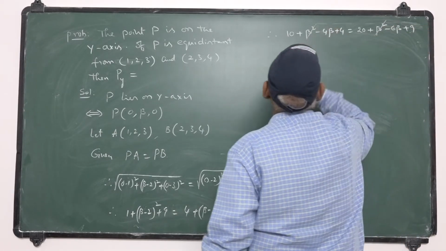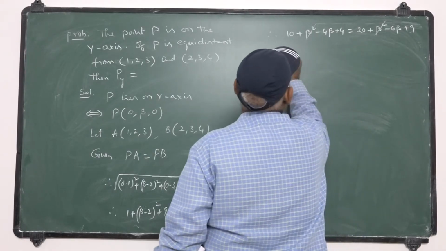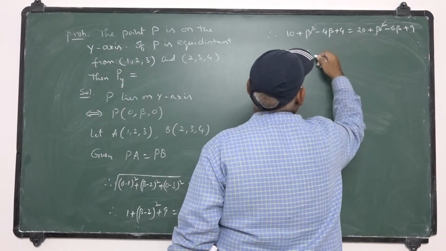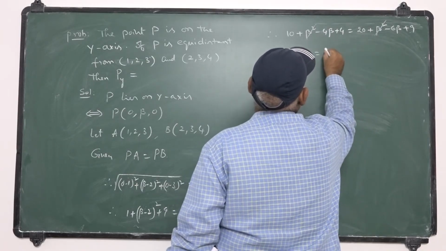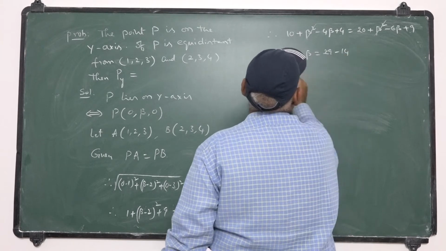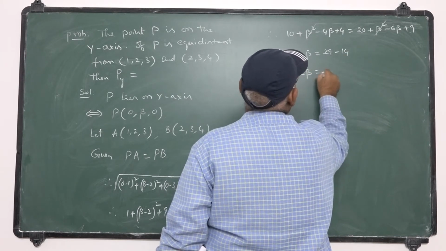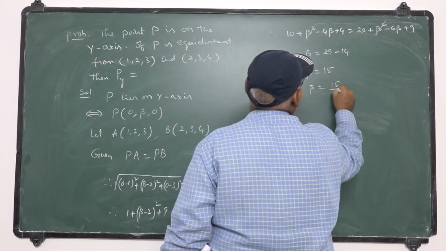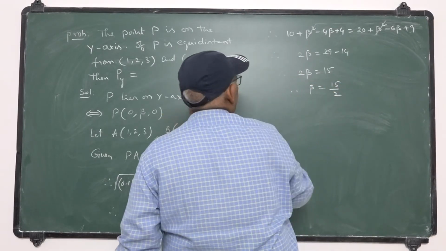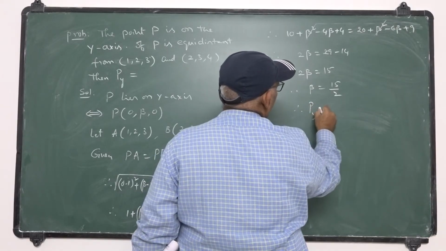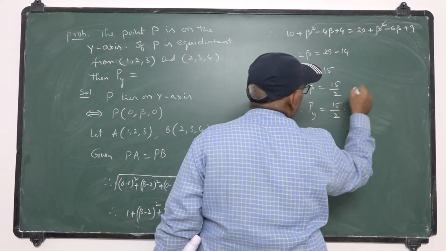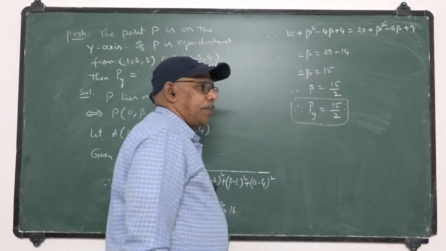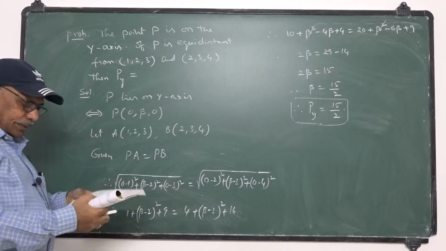We can remove beta square. Collecting the like terms, the beta terms, we get 2 beta equals 29 minus 14, so 2 beta equals 15. So beta is 15 by 2. What is beta? Beta is the y coordinate of P. Therefore, the y coordinate of P is 15 by 2.